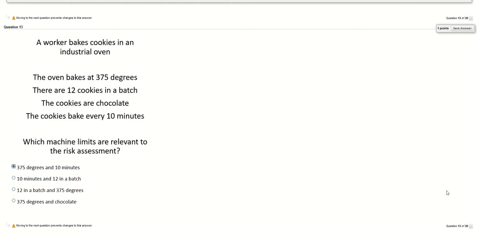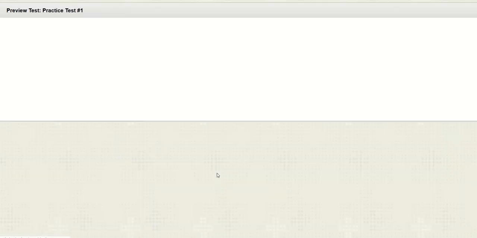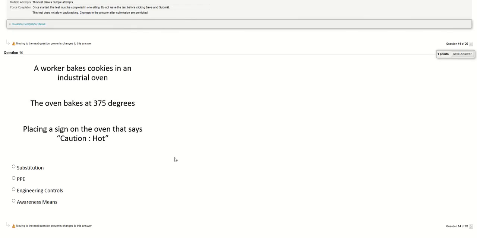So this is the relevant one. Placing a sign on the oven that says caution hot is an example of awareness means. Using signs, using lights, things like that, that is awareness means.